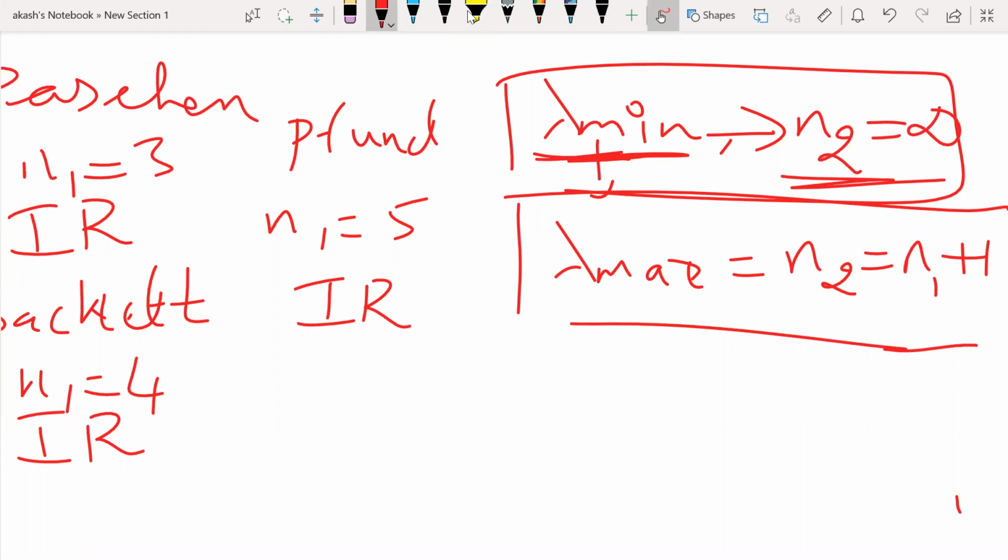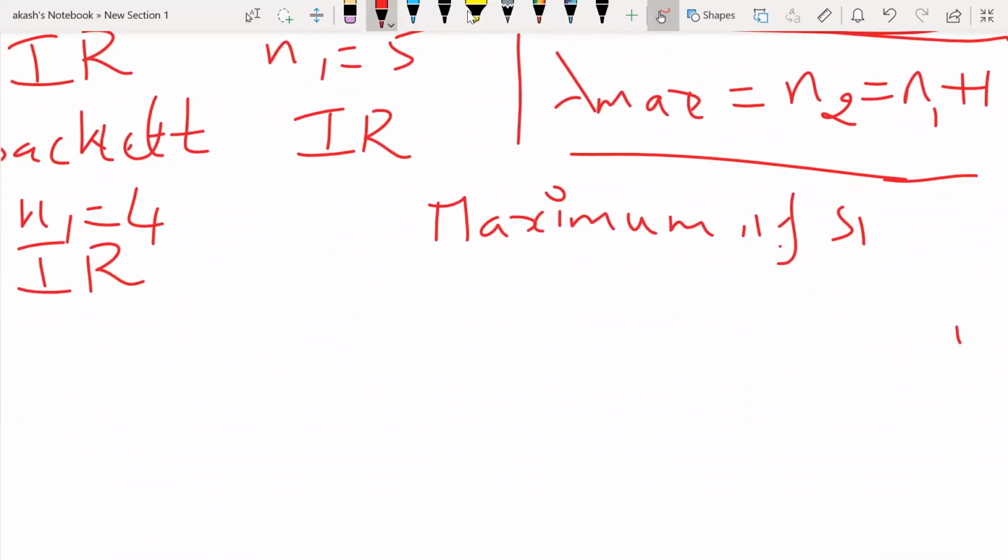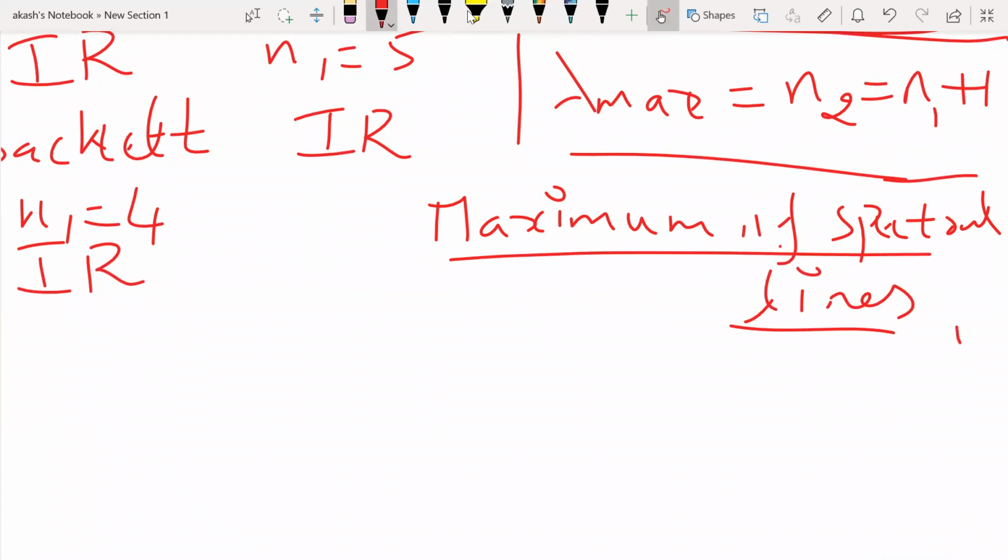One more thing you have to know is another formula. This is going to give me the maximum number of spectral lines coming from some orbit to another orbit.